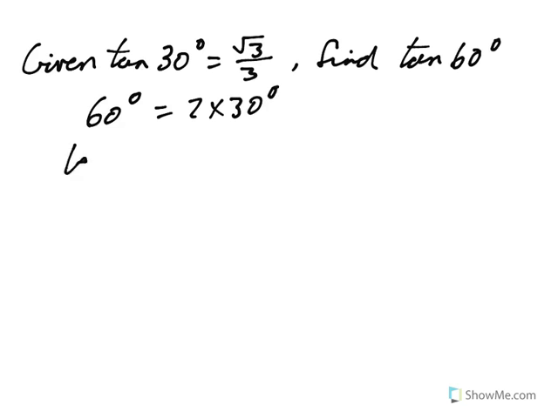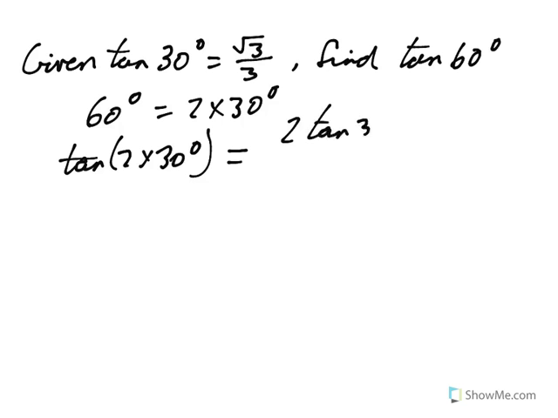So what we're looking at is the tan of 2 times 30 degrees. Okay, and the tan double angle formula says that that's 2 times tan of u, which is 30, over 1 minus the tan of u, tan of 30, squared.